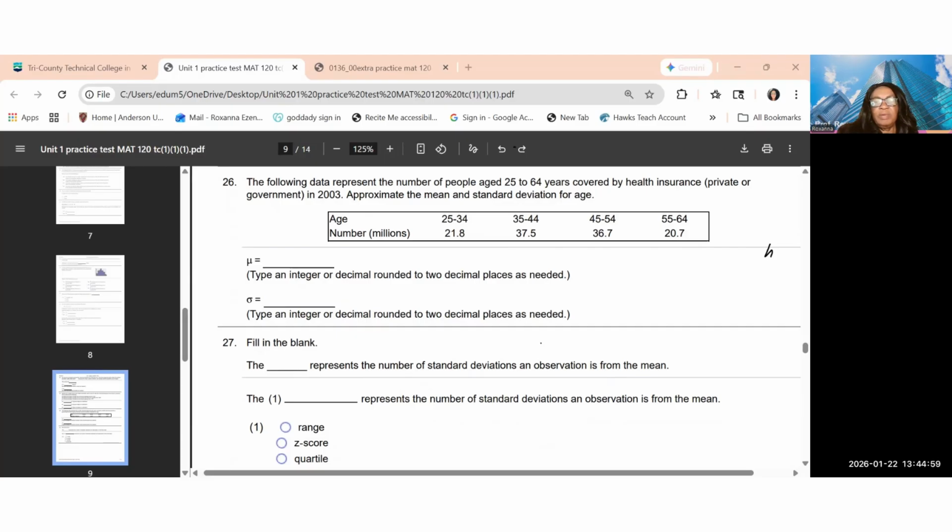In other words, I want to write the frequency distribution vertically so that age will be the first column, and number in millions will be the second column.